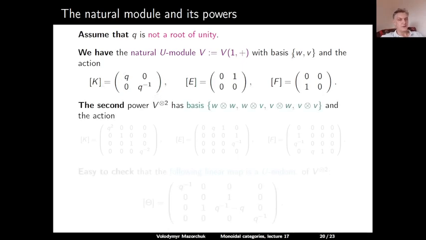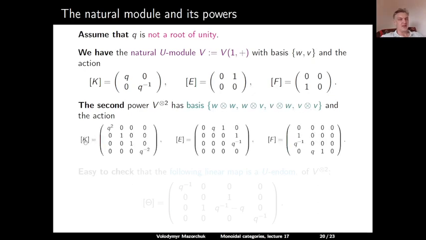The second power of V has then the basis given by the tensor product of w with itself, then w tensor v, v tensor w, and v tensor v. In this basis, K acts via the following diagonal matrix, with q squared, 1, 1, and q to the minus 2 on the diagonal.